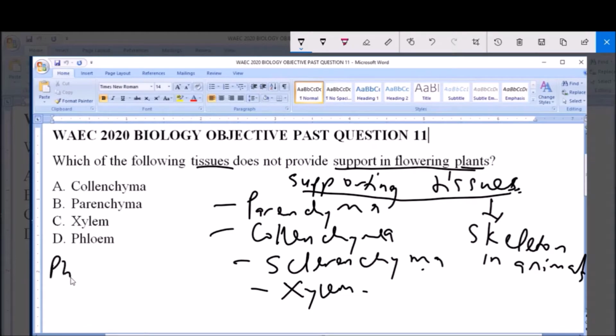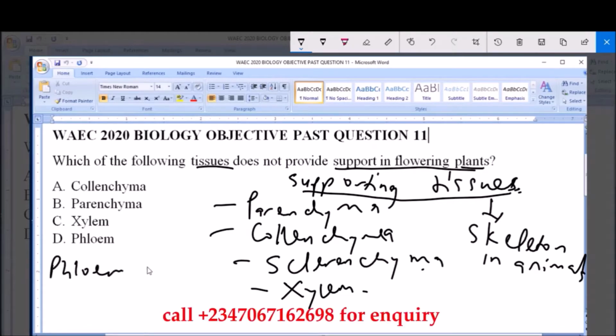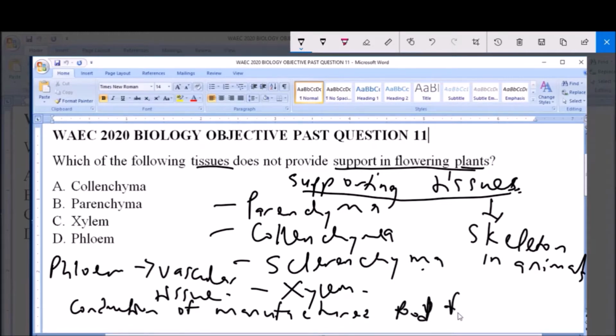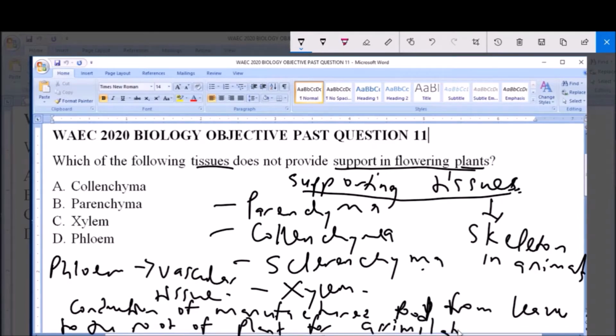However, option D, which is the phloem, is a vascular tissue. It's known as a vascular tissue, and the purpose of it is conduction of manufactured food from leaves to the roots of plants for assimilation and storage.